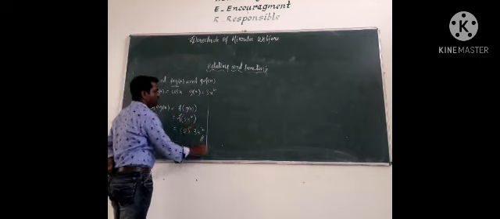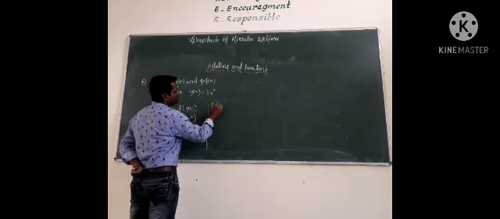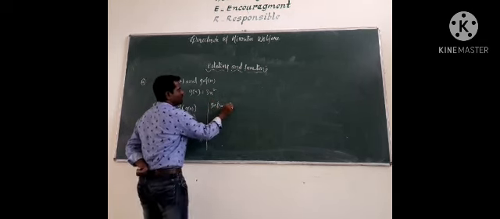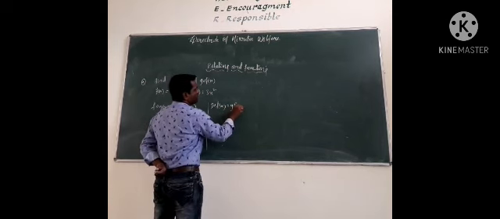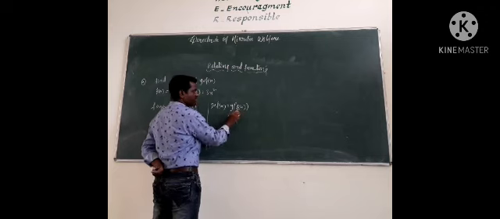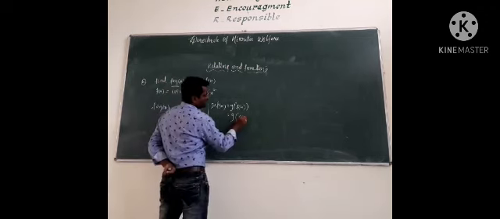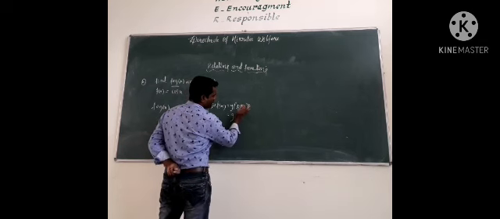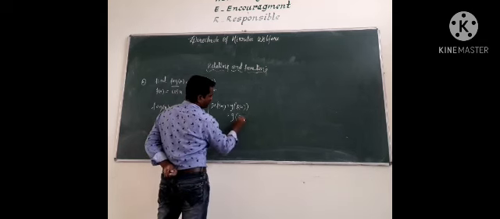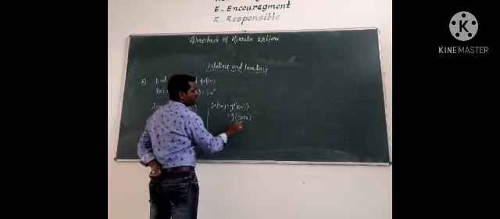Okay, now g of f of x. G of f of x equal to g of f of x. Now g same, f of x has been given here cos x. Now it becomes g of x.